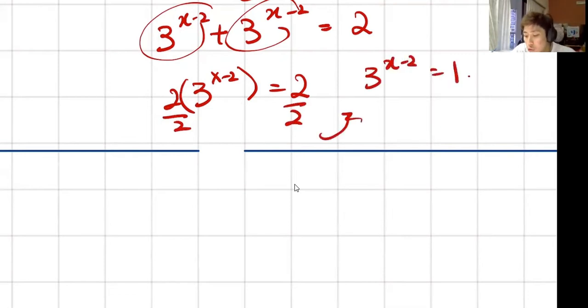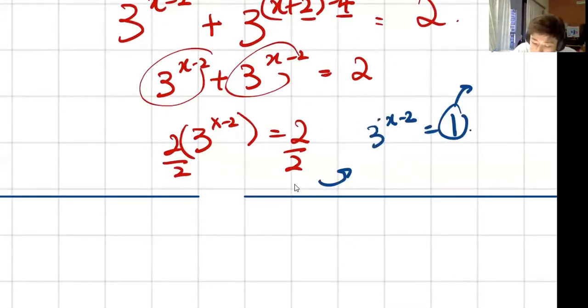Okay, so 3 to the power of x minus 2 is equals to 1. You want to express it as base 3, right? Can you express 1 as base 3, you think, Yancy? Because if you can express 1 as 3 to the power of something, you can compare this power and this power, because you have 3 on the left hand side and 3 on the right hand side. So you can compare the power.